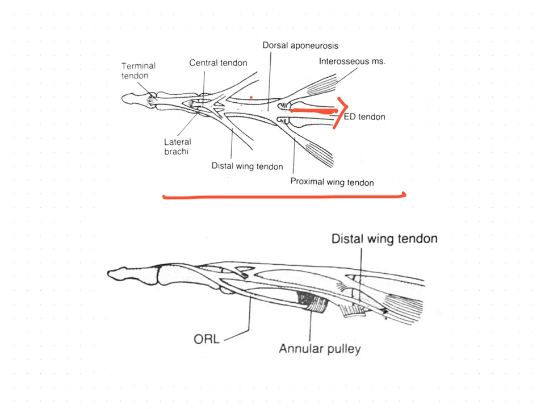Next, the other way is by the passive stretch that is imposed on the extensor tendon during active MCP flexion. Normally MCP flexion is brought about by the lumbricals, isn't it? And the interossei also, which we can discuss separately.